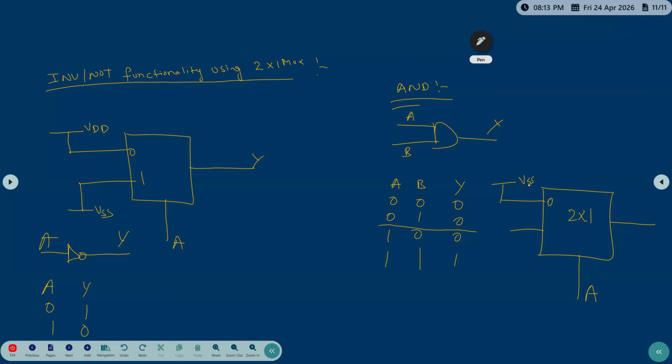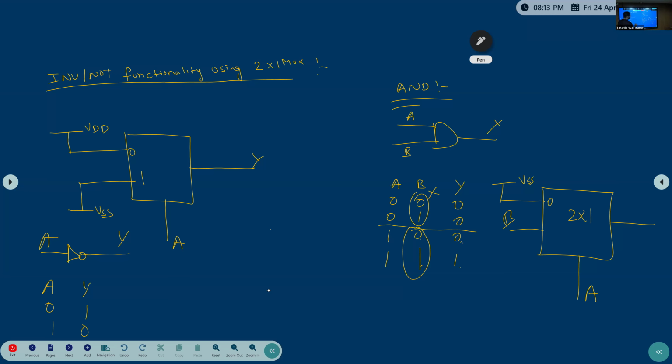Yes, A is 0, output is 0, and I don't need to worry about B. If A is 1, then I need to worry about B. If B is 0, output is 0; B is 1, output is 1. If A is 1, that's it. If B is 0, I give 0 and we get 0. If B is 1, I give 1 and we get 1. Yes or no? I am implementing it, right? This is with A as the selection line.